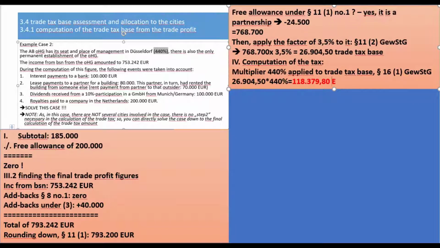And I'm pretty sure, by the way, that this is not absolutely correct from the perspective of the formalities, because there will be some German rules which allow or even force the fiscal authorities to round down to some even euro amounts, but let's not care about this.